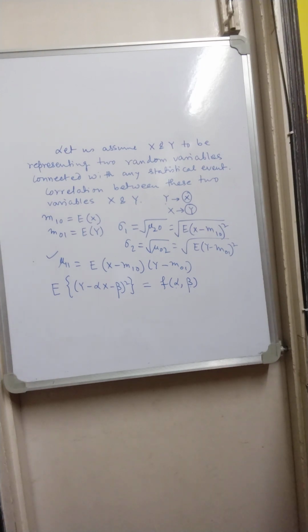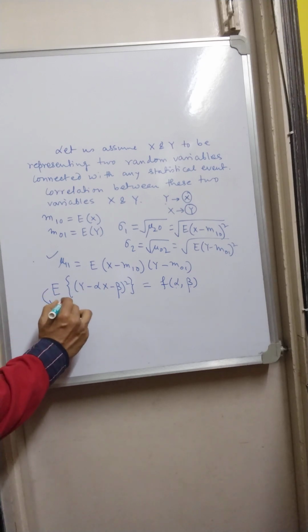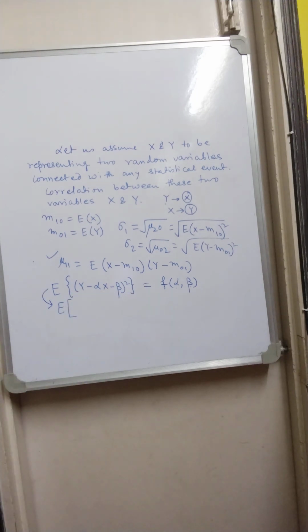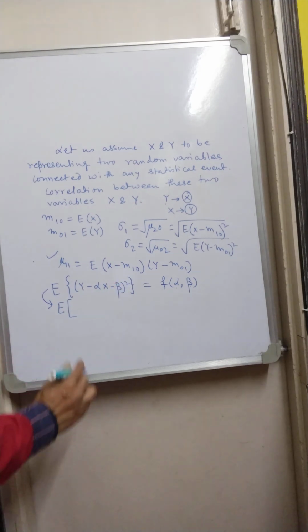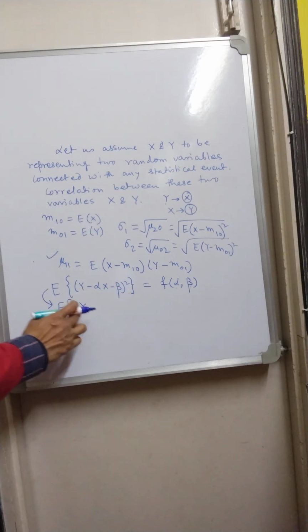Let us see how we can do this. Let us first write the expression y minus alpha x minus beta, and we would like to rearrange it in this way. Y minus, now what is the expectation of y?